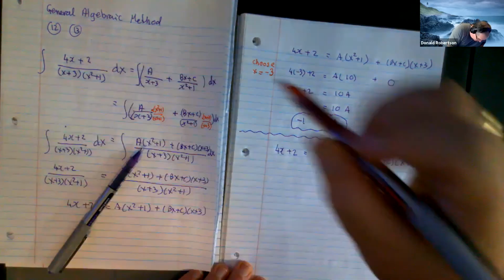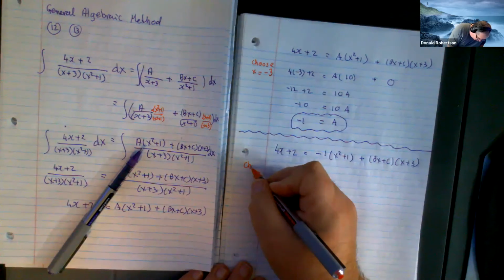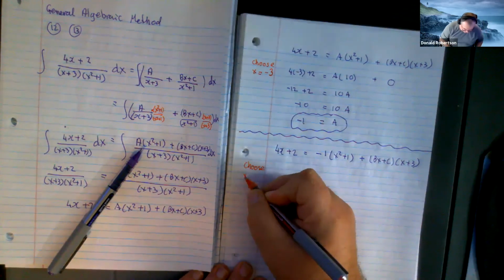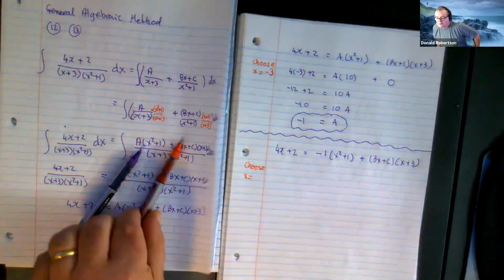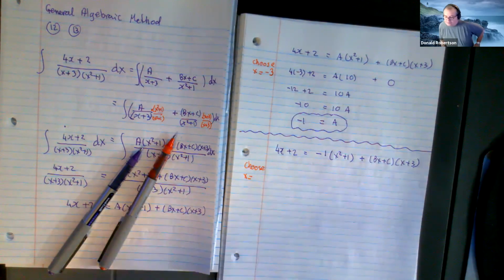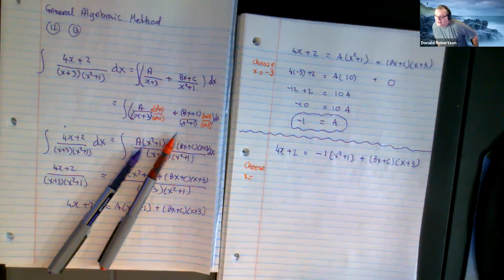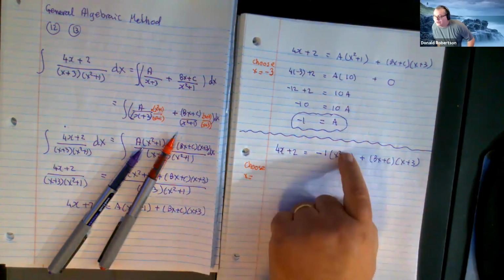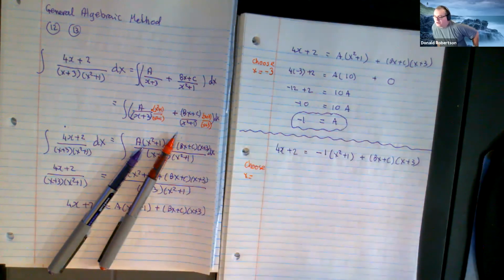And now we get to choose another x. Have you noticed that we only have two missing things, b and c, now? A is taken care of. We know a is negative 1. We found what a has to be. Now you might think, oh, wait a minute, if I picked another x, a might be 42 the next time. No. Once a has a value, it must be that value no matter what x's you choose later.